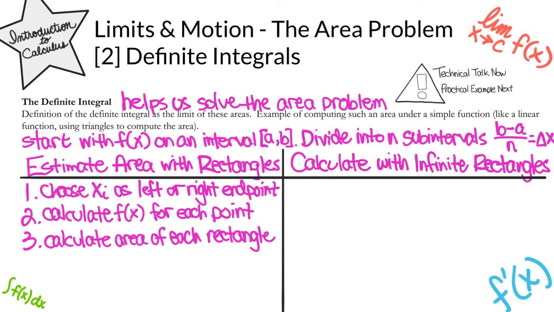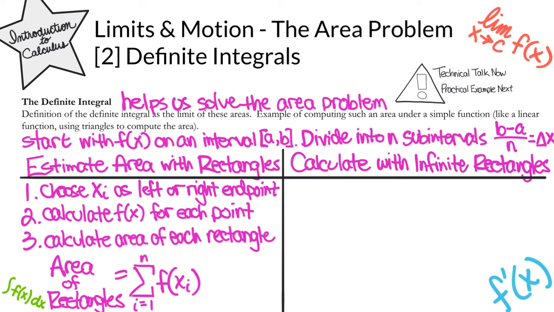So meaning all of those x values that we chose, there are rectangles in between them. And we'll find the area of each individual rectangle, as long as there aren't too many. The area of all of the rectangles together we can write as a Riemann sum. It's the Riemann sum from i equals 1 to n. So remember, n is how many intervals, the subintervals, of f of x sub i, that's x sub i plugged into f, times delta x.